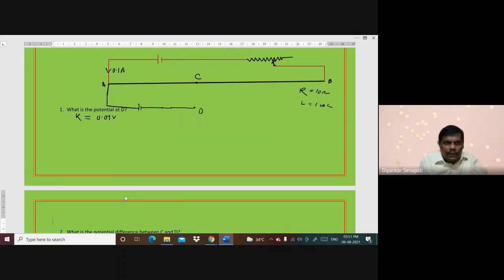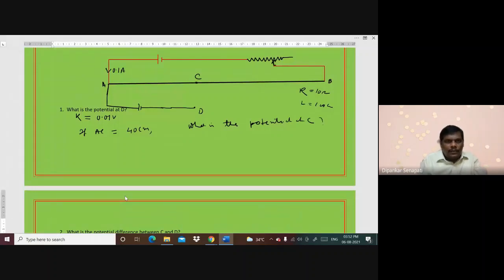Now if AC is equal to 40 centimeter, can you tell me what is the potential at C?